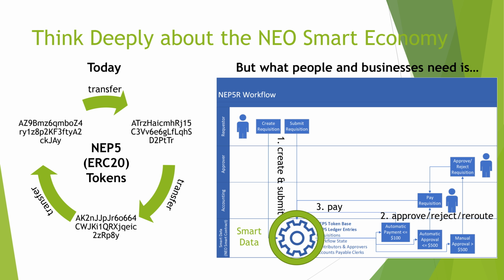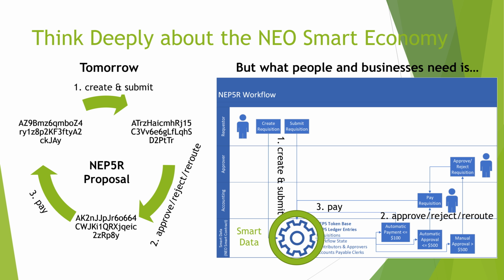And when we think about the data that represents the requisition and the data that represents the state of the workflow, we call that smart data. So instead, on the left, of just having the transfer of tokens from one address to another, we actually end up with many different kinds of assets being exchanged.